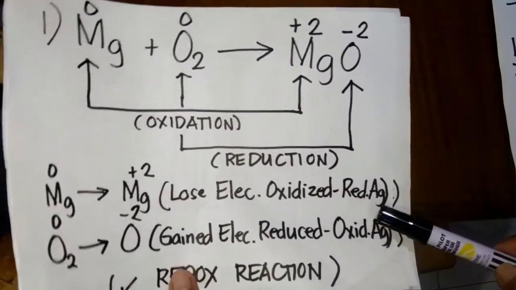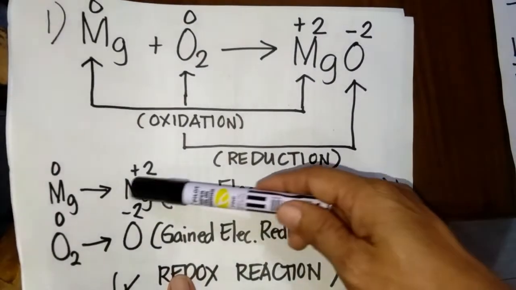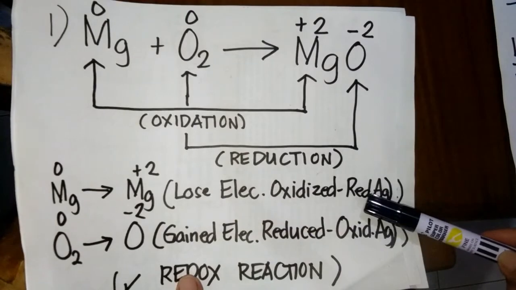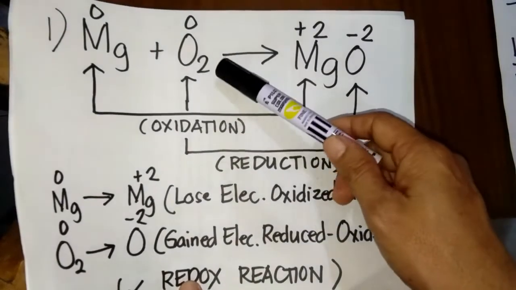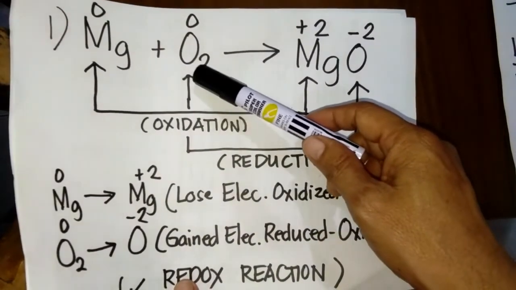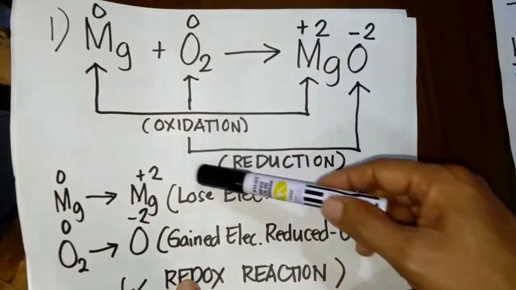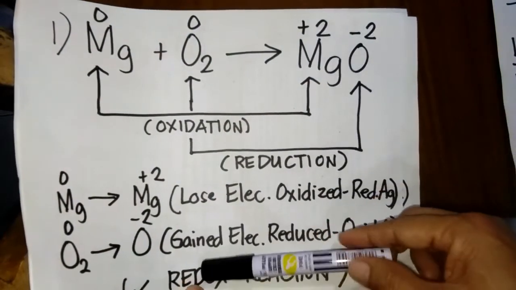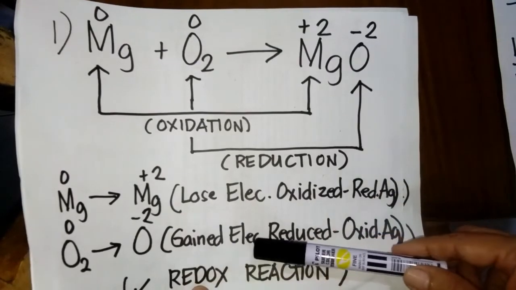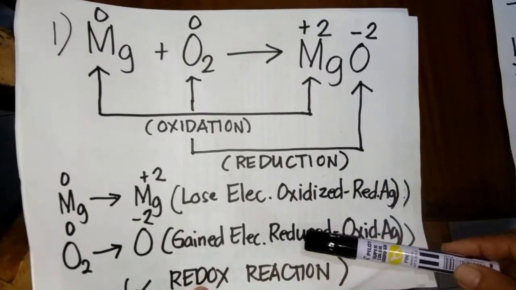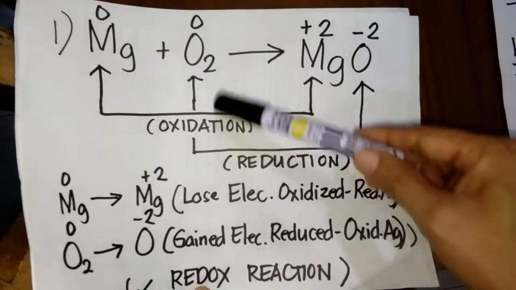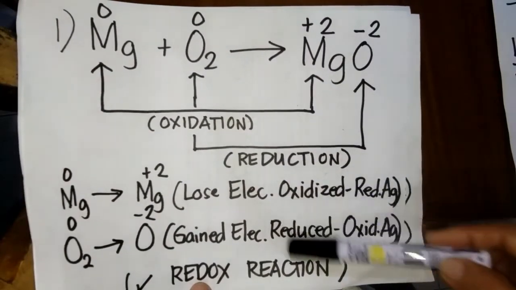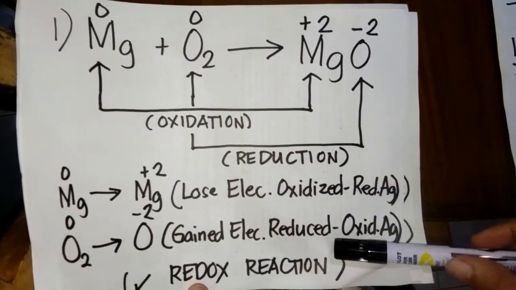Magnesium is the LEO, or the reducing agent. Oxygen gained electrons from 0 oxidation number to negative 2. So therefore this is our GER, gained electrons is called the reduction. So oxygen is our oxidizing agent. And of course this is a redox reaction.